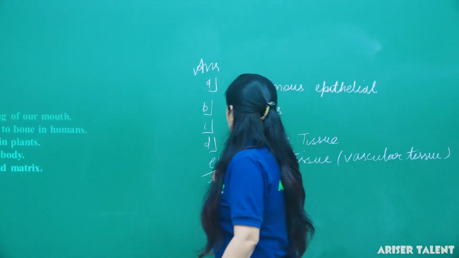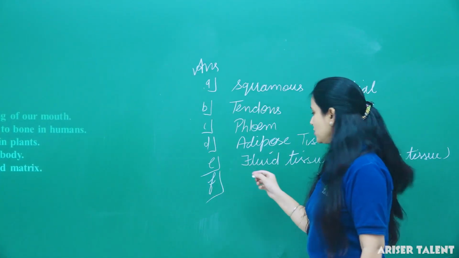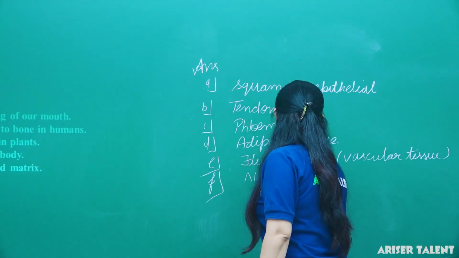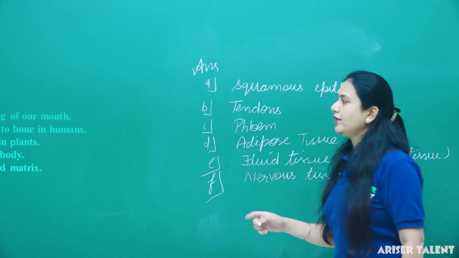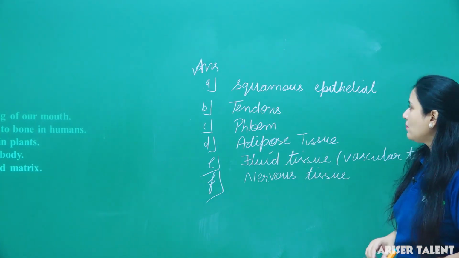Clear? Tissues present in the brain: nervous tissue. Clear?